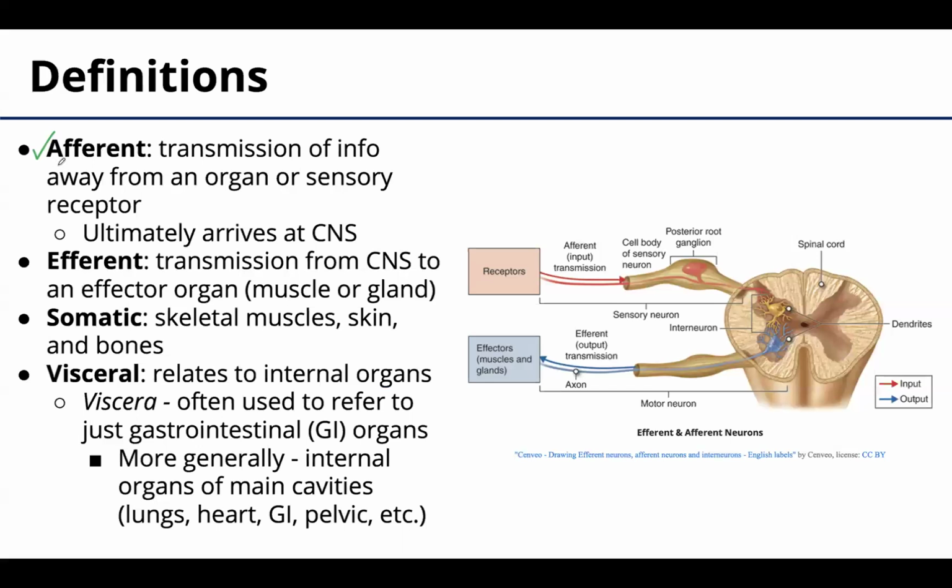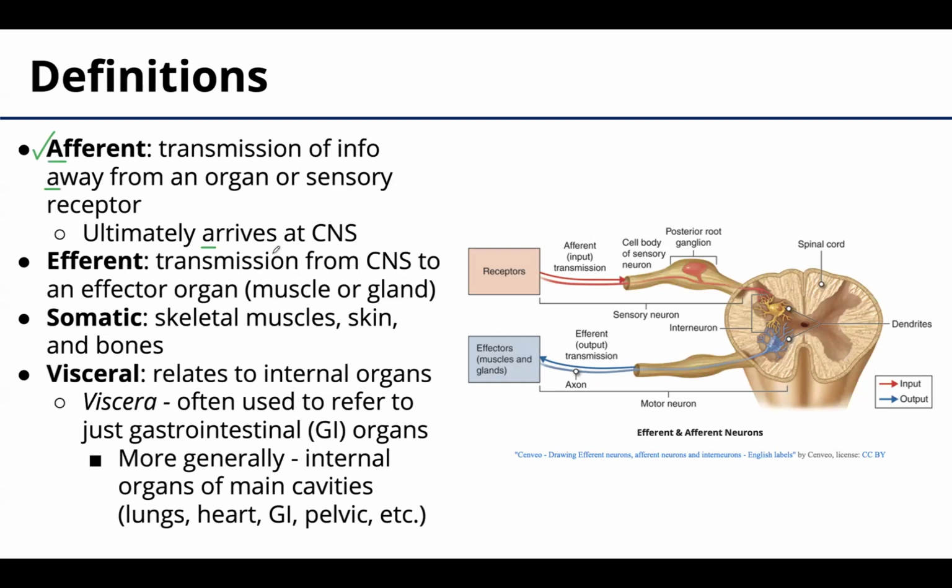Afferent nerve fibers will transmit information away from an organ or sensory receptor. And that information will eventually arrive at the CNS, so either the brain or the spinal cord. Notice that I have underlined the A's here to help understand: afferent fibers take info away from an organ and that arrives at the CNS.